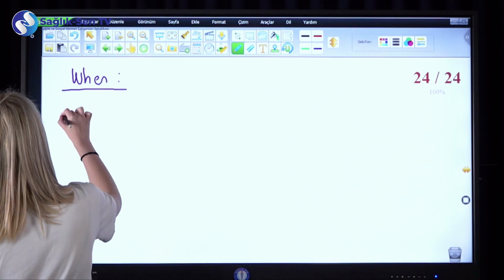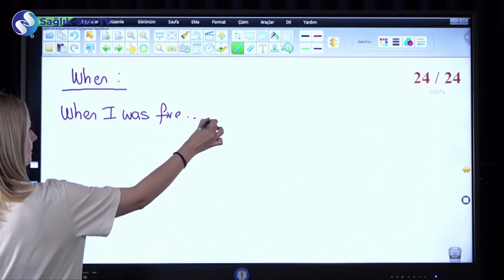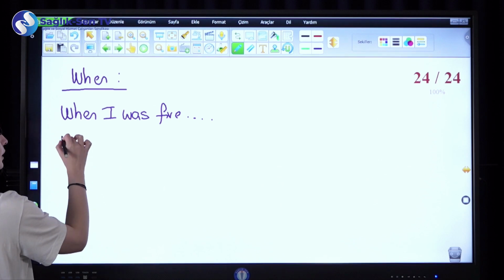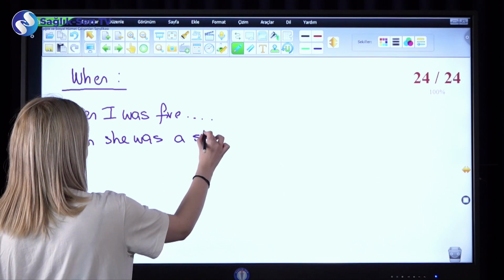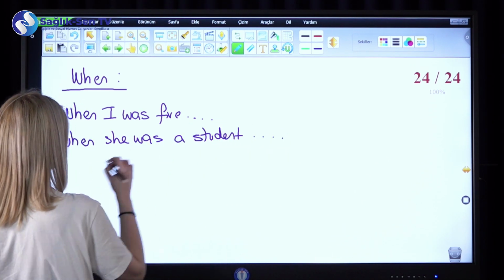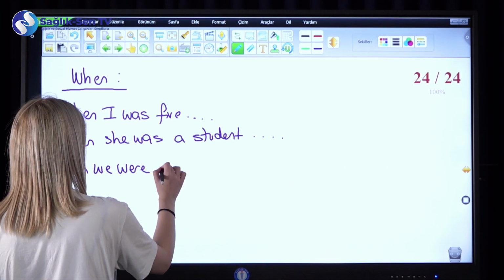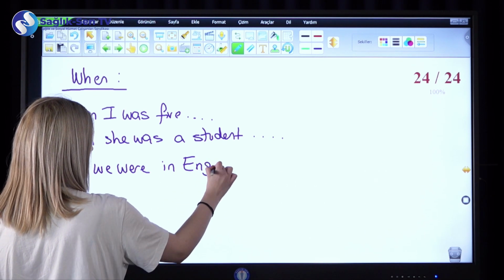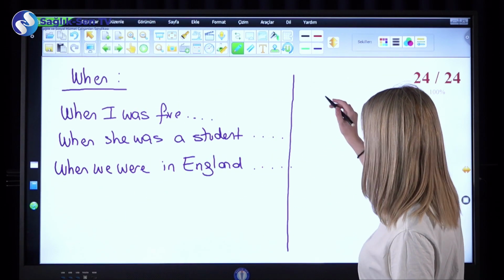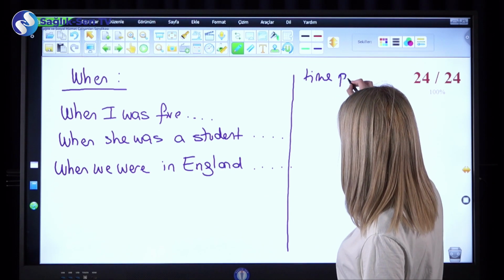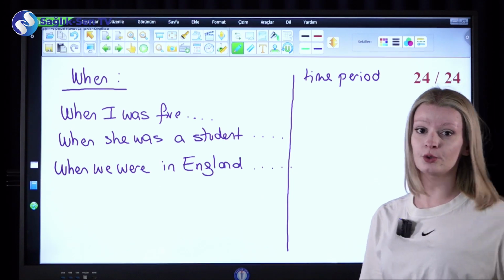For example, when I was 5. It can be a time expression. Or when she was a student. When we were in England. These phrases give us a time period, which we also use as time expressions to define a time.